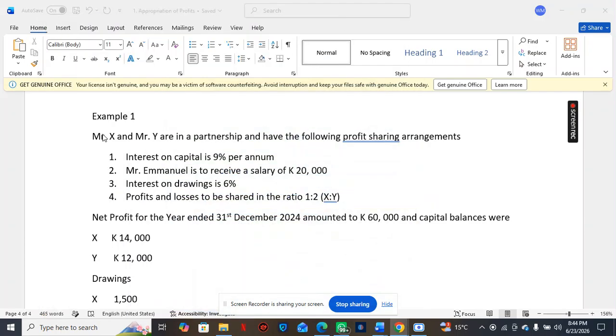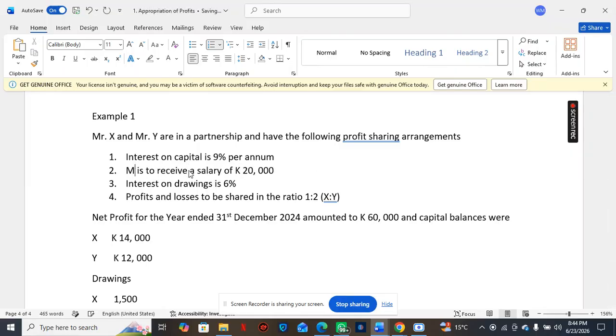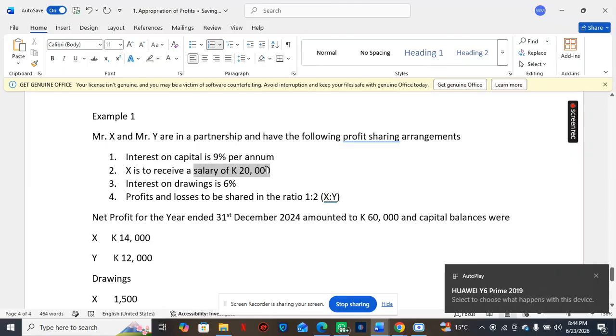So Mr. X and Mr. Y are in a partnership and have the following profit sharing arrangements. Interest on capital is 9% per annum. Mr. X is to receive a salary of 20,000 kwacha.